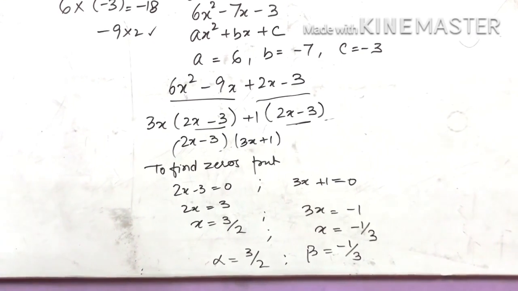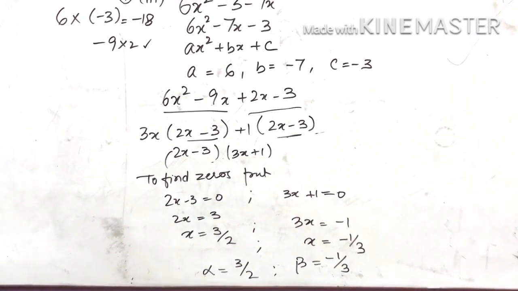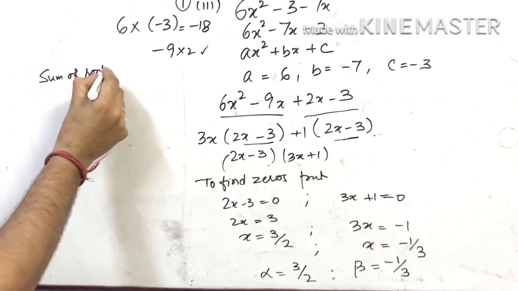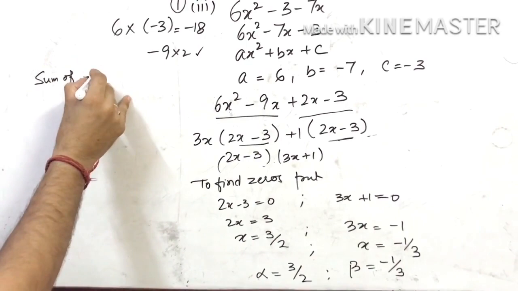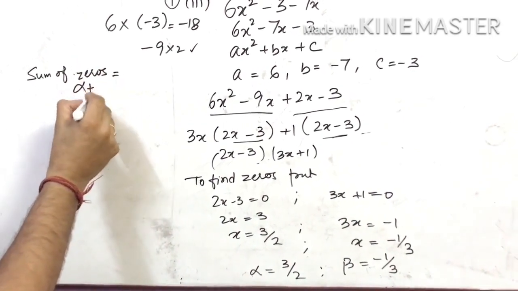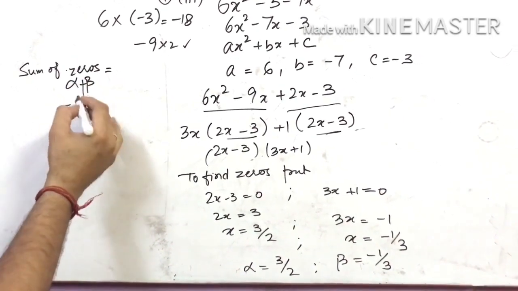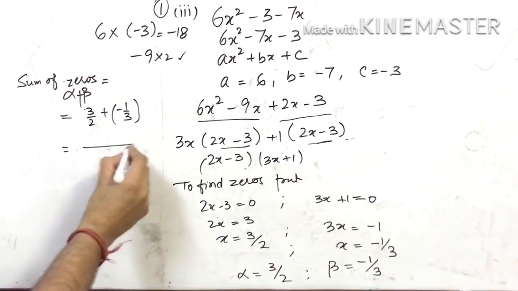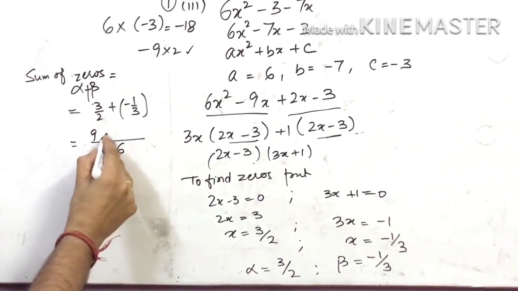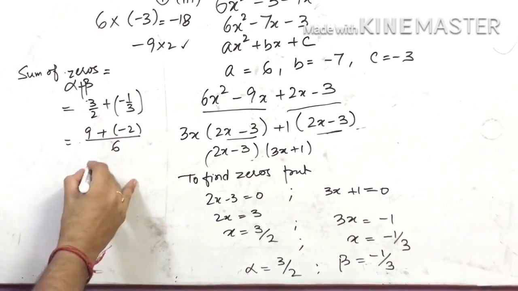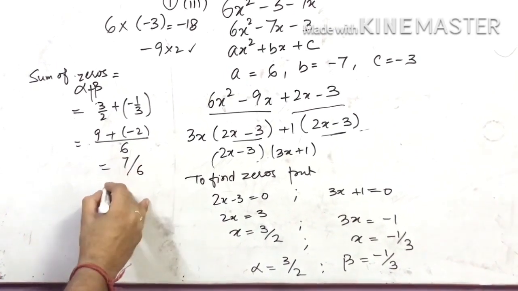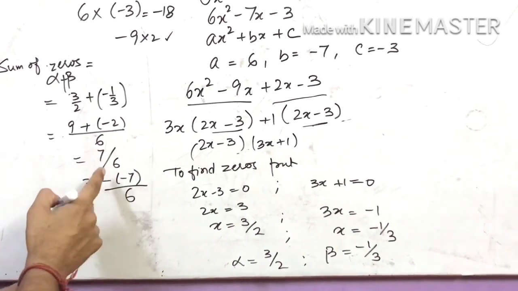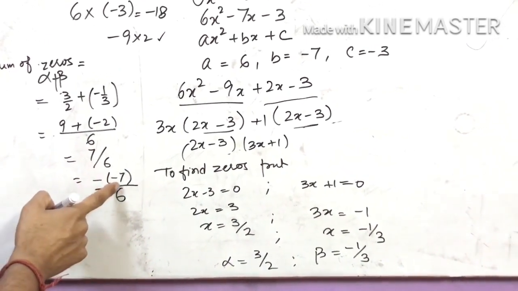Second part, you have to verify the relationship. So first is sum of roots, or zeros. Your zeros, alpha plus beta, is 7 by 6, you can write it as minus 7 by 6.